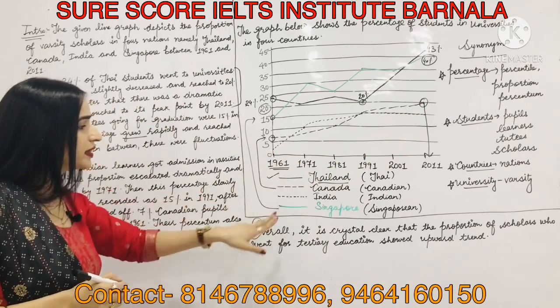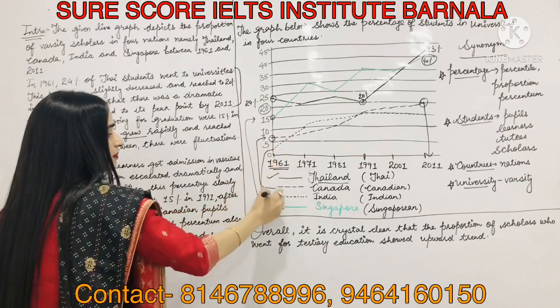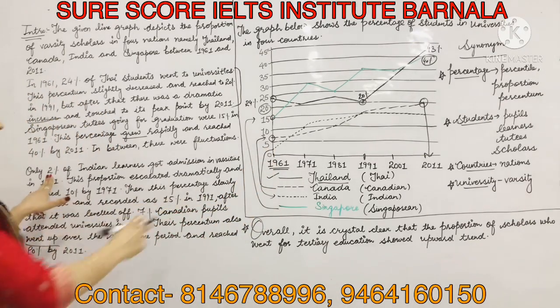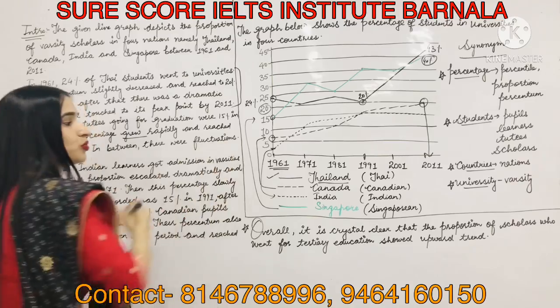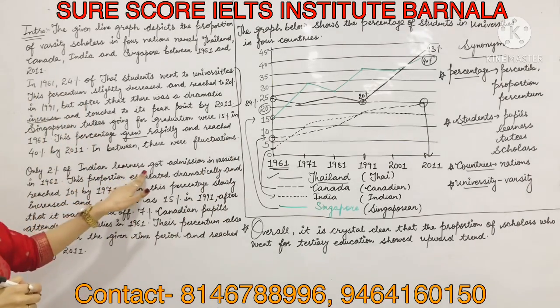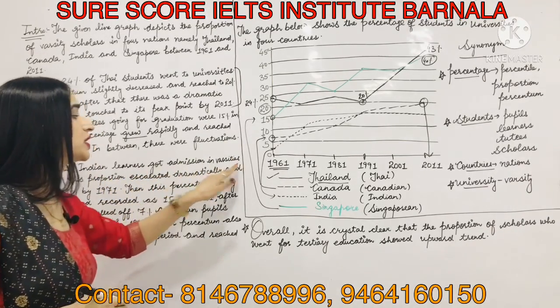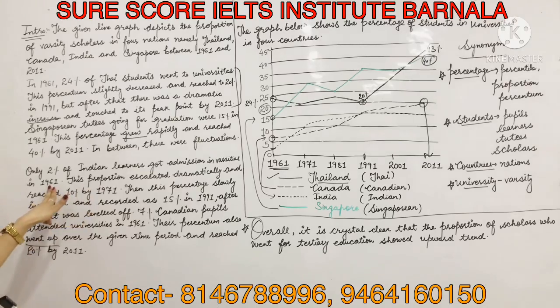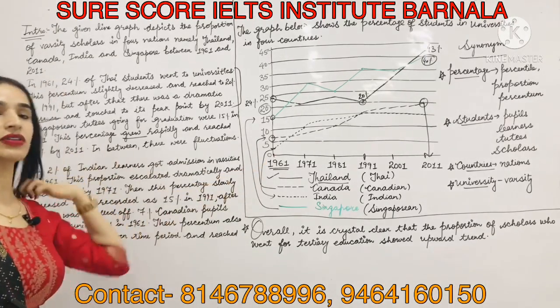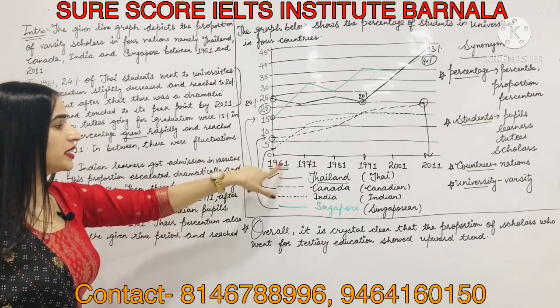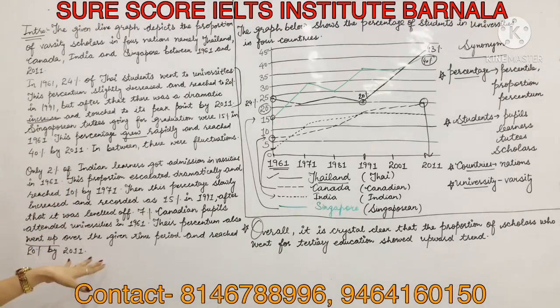And the last one is all about India. So let's check. Only 2% of Indian learners got admission in the varsities in 1961. So again we are starting with the initial year. In the initial year the value was only 2%.